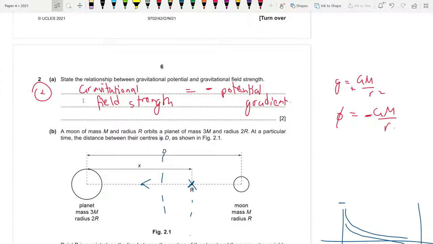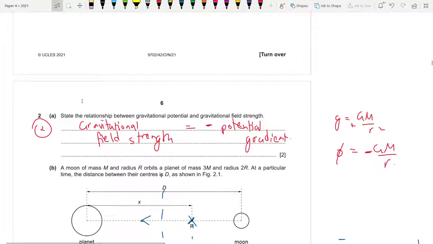Let's go to number 2. State the relationship between gravitational field strength and potential. So gravitational field strength is equal to the negative of potential gradient. Just like electric field strength is minus potential gradient, it's the same way here.